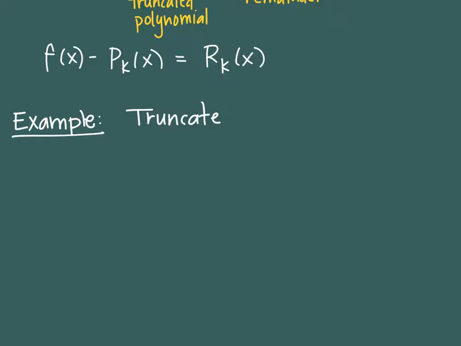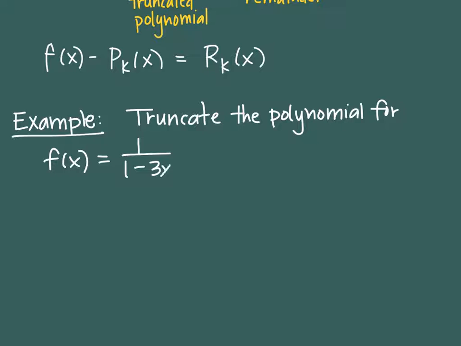Okay, truncate the polynomial for the function f of x equals 1 over 1 minus 3x at k equals 5. All right, well, we've got to start the polynomial first.